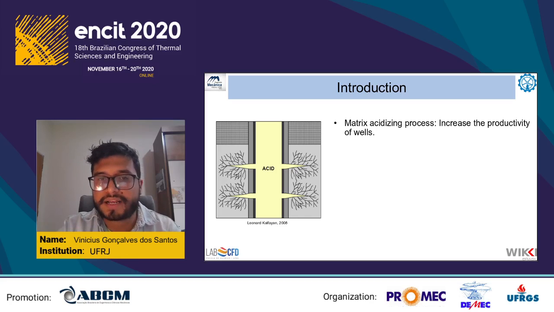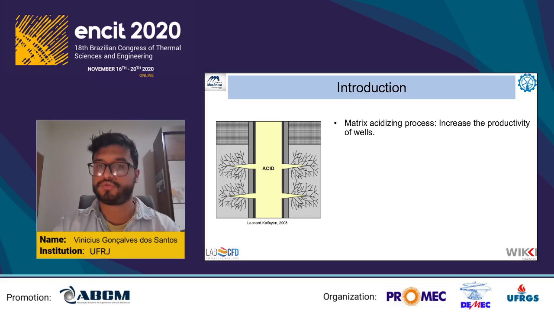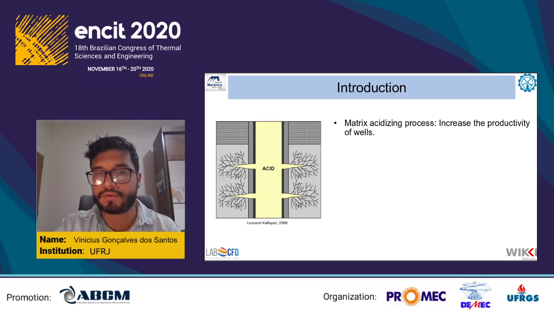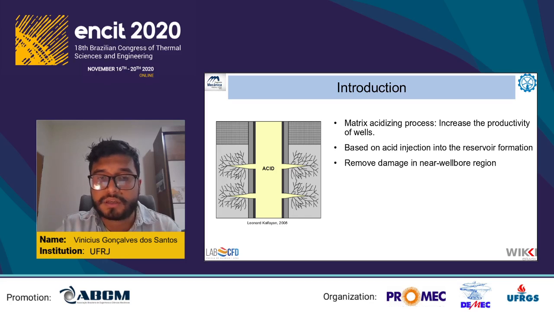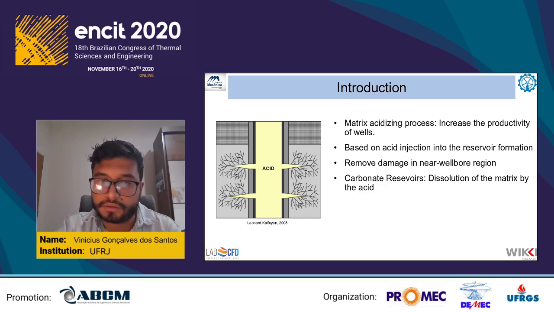The matrix acidizing process is commonly used in the oil industry to increase the productivity of the wells. It is a stimulation technique based on acid injection into the reservoir formation. The acid is responsible for removing the damage in the near wellbore region.